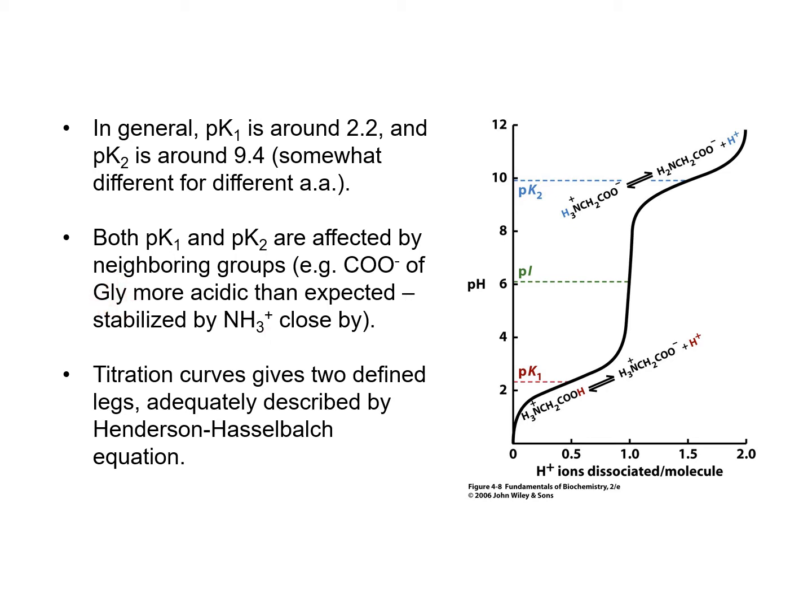And the titration curve gives two defined legs, as you can see here, as it has two pKa's, and it's adequately described by the Henderson-Hasselbalch equation, which shows the relationship between pKa and the pH.